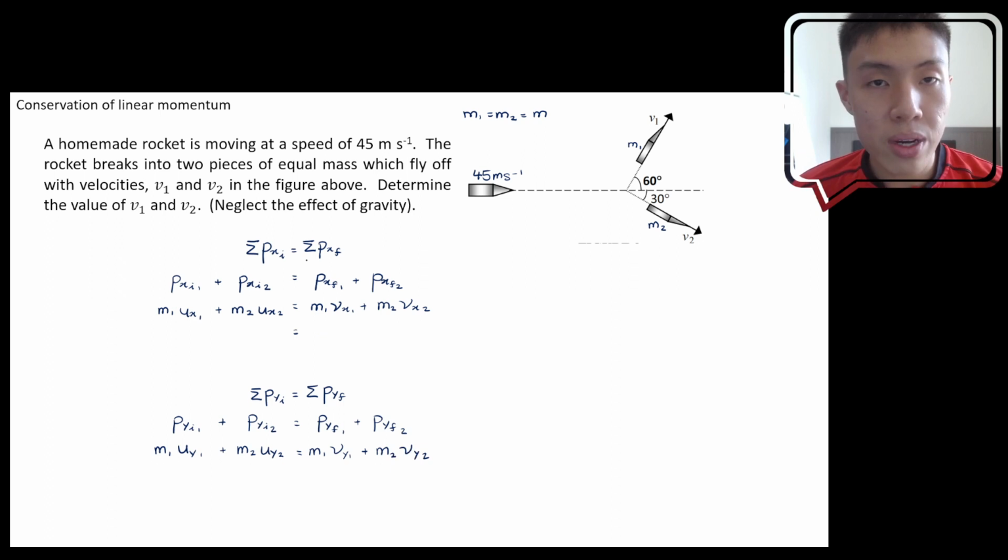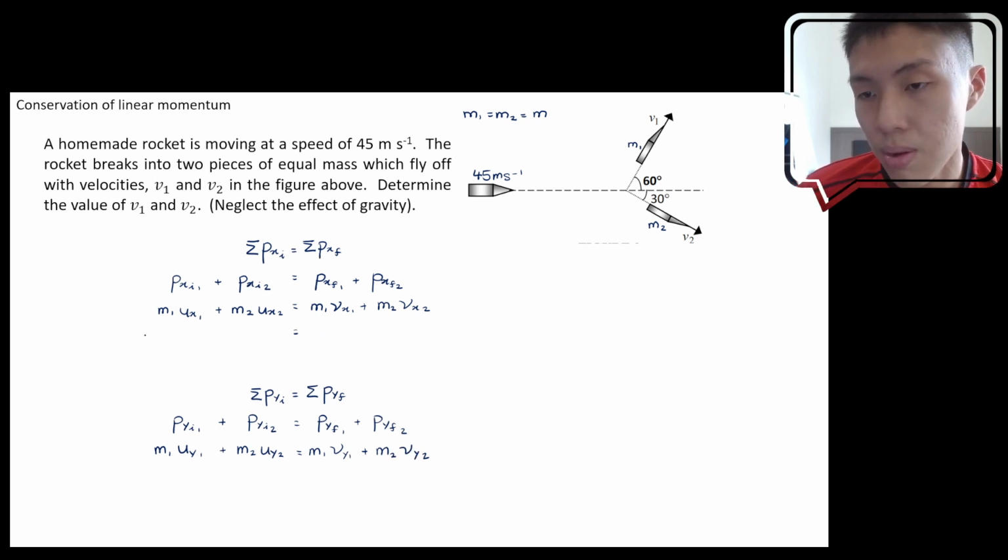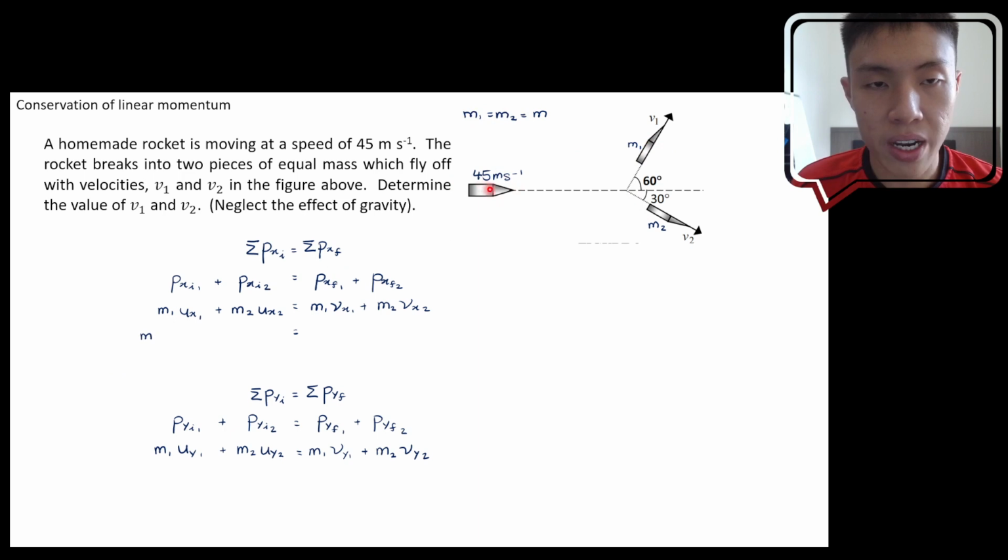You know that mass 1 and mass 2, we can represent them with the same symbol m, so we just represent them with m. You know that initially m1 and m2 belong to the same object. They are two parts of the same object, so they should be moving in the same way initially. So when they're moving in the same way initially, that means they are moving at 45 meters per second to the right.